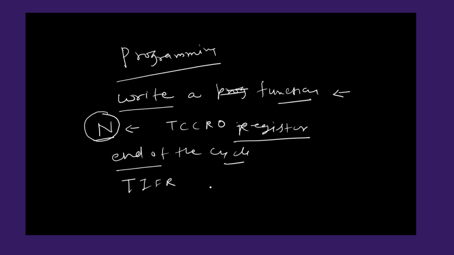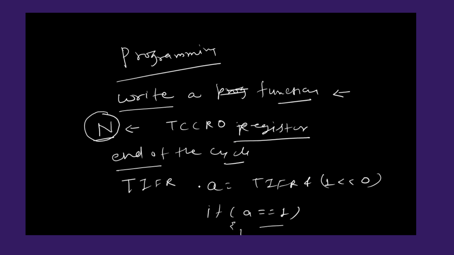So we can take a variable and write a = TIFR & (1 << 0). If a is equal to 1, then do a certain action, else something else. We can use this syntax to check the timer overflow flag.